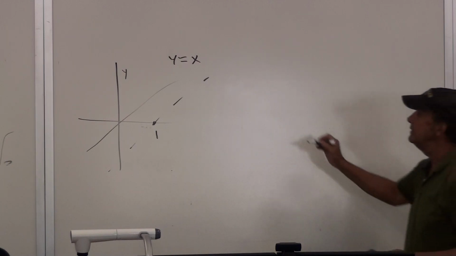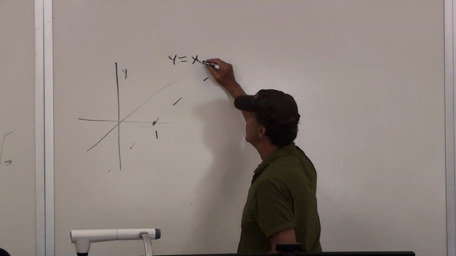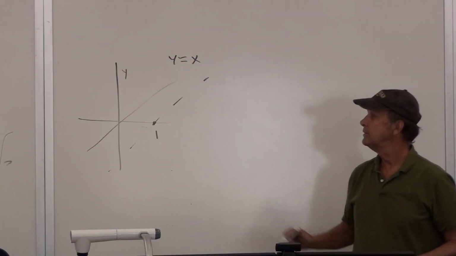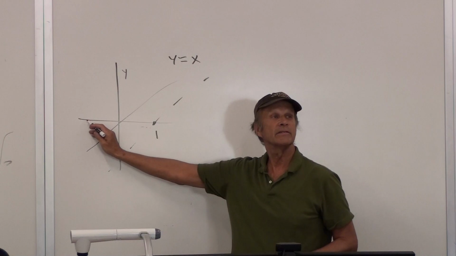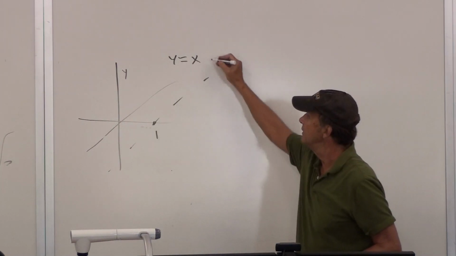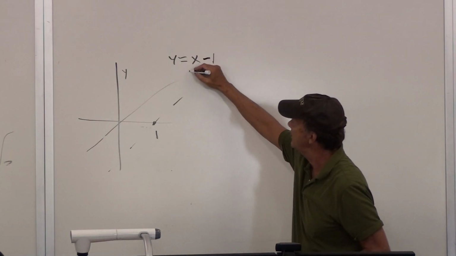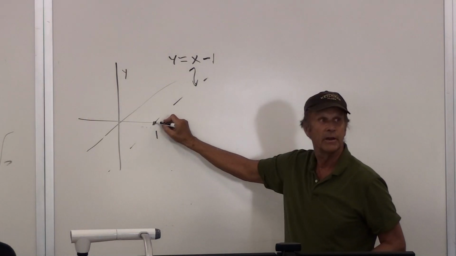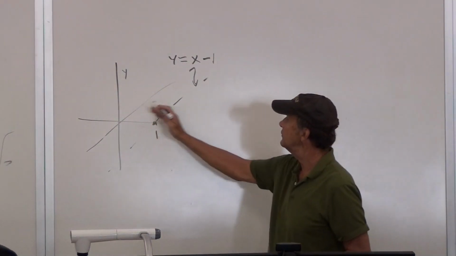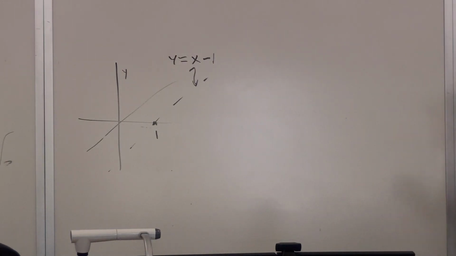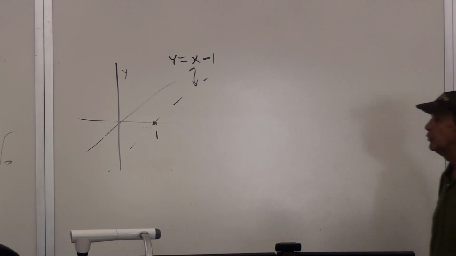If we add it, then when x equals minus 1, what is y? 0. So that's not going to work. That's going to give us this function, isn't it? To get this function, we have to subtract 1 away from it. Then, when x equals 1, y equals 0. Okay, so a shift to the right corresponds to subtracting something from the horizontal coordinate, not adding. Okay, so that's an important point.